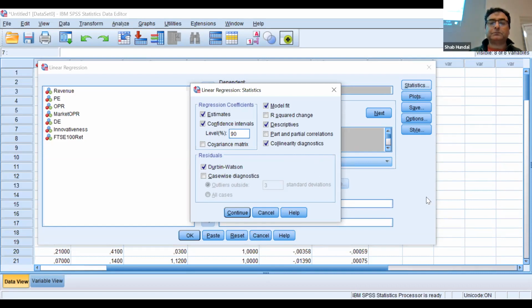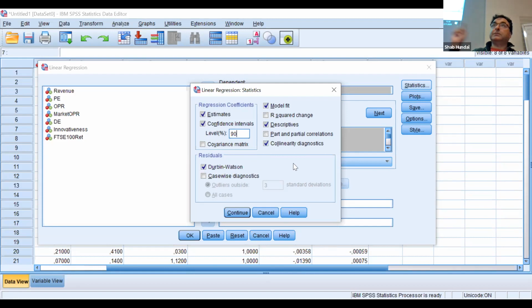We don't do anything here, I think. Model fit is fine. Descriptives we have done last week, but it will do again automatically, default setting. Collinearity diagnostic I would take. I'll let you know what it means basically, but first of all, I will take it. And one more thing I would pick up is the Durbin-Watson test.